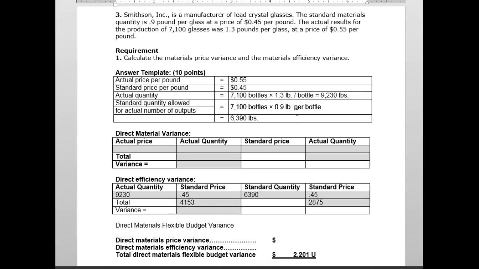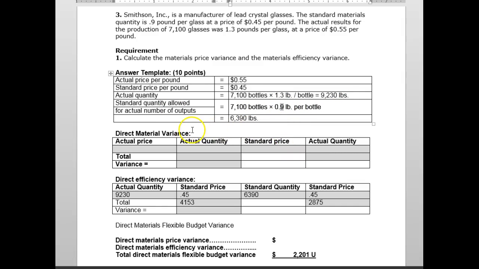Now in this one we have an issue where we have the price it's supposed to be, the actual price, the quantity, and how much we're supposed to use per bottle. That was the actual quantity we use of material per bottle. Here's the standard, and we should have used 9.9 pounds per bottle.